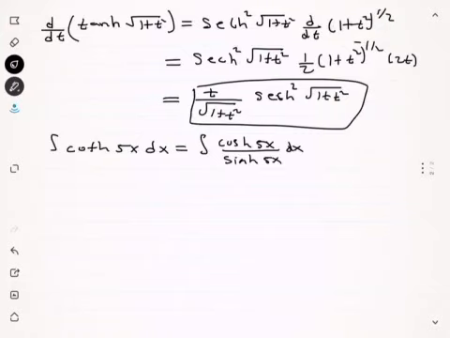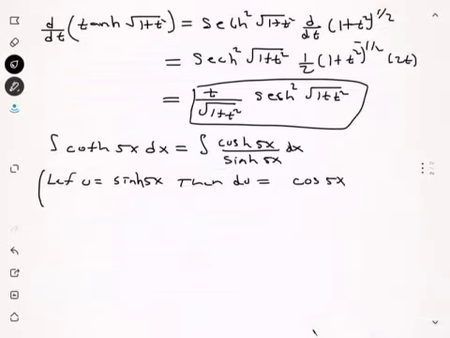So somewhere here in parentheses I'm going to let u equal sinh of 5x, so this is a hyperbolic sine, then du will be the hyperbolic cosine of 5x times 5 dx.